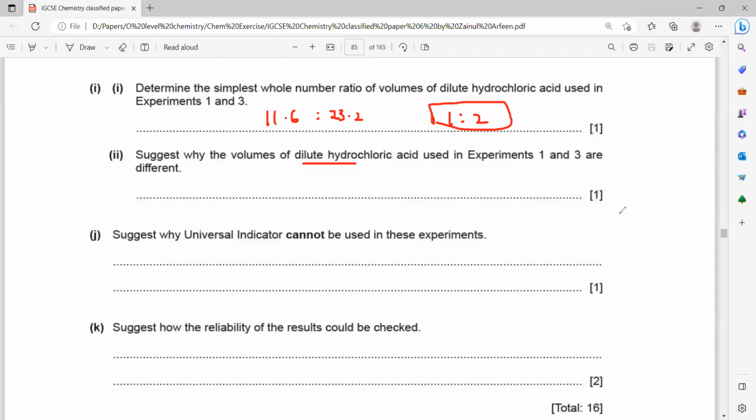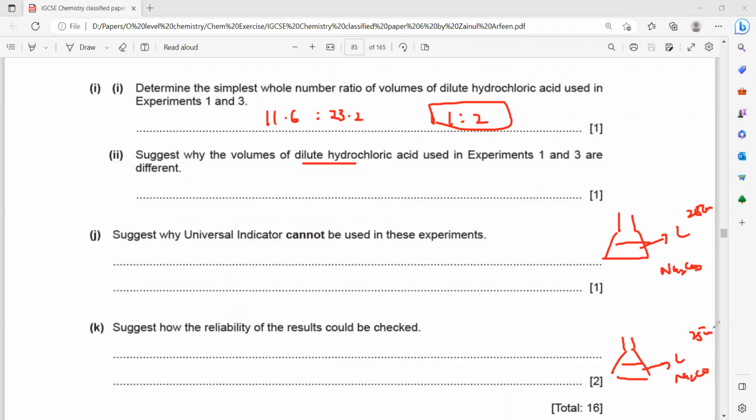So for example, in the first experiment, we had solution L, which was sodium carbonate, Na2CO3, 25 cm3. The third experiment also had solution L, the same sodium carbonate, and the same volume.